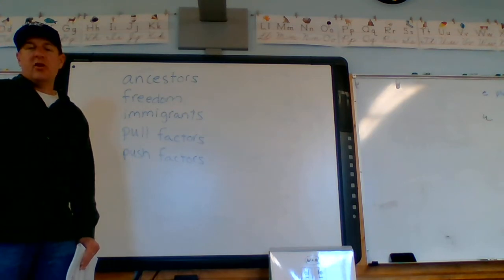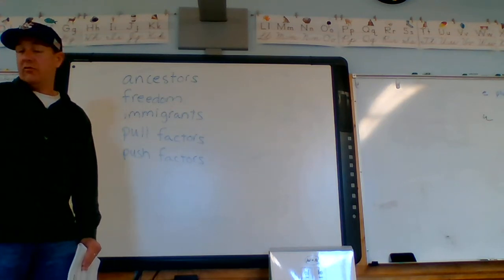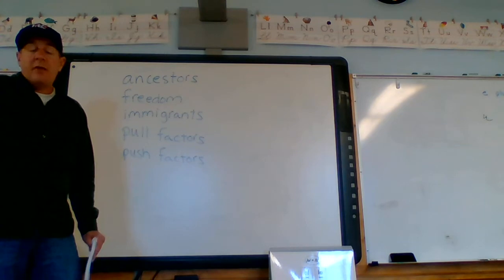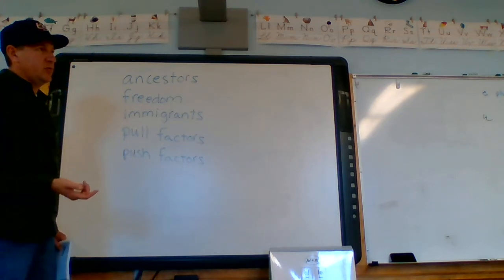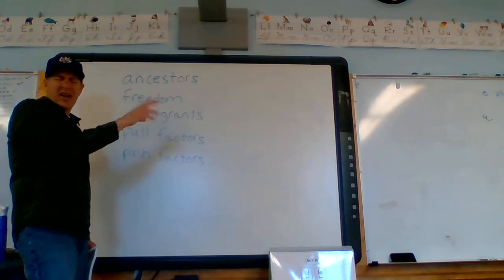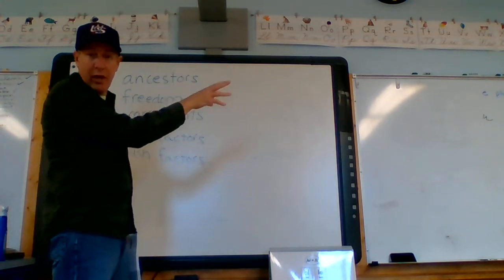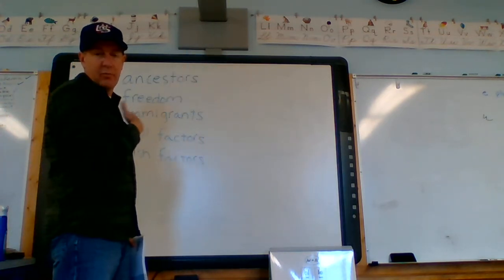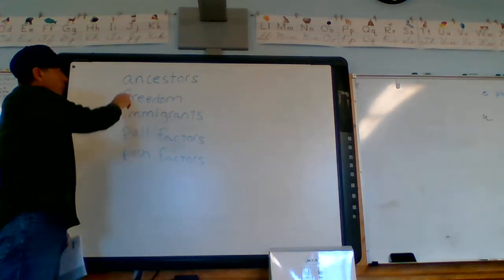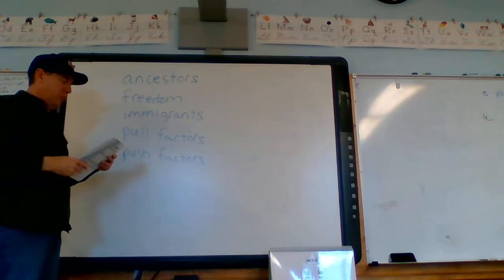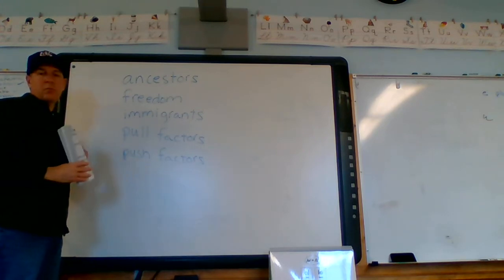You're an ancestor of your great-grandfather, great-grandmother, or even your grandmother. So when we talk about ancestors, we talk about more, not just grandpa and grandma, but way before that, like great-great-grandpa and grandma, great-great-great. All right? So those are our ancestors, the people that came before us.